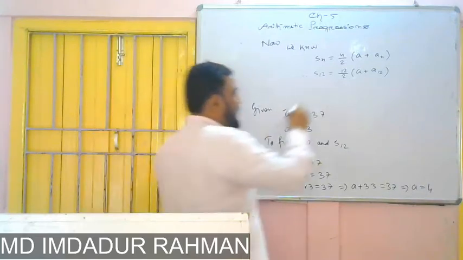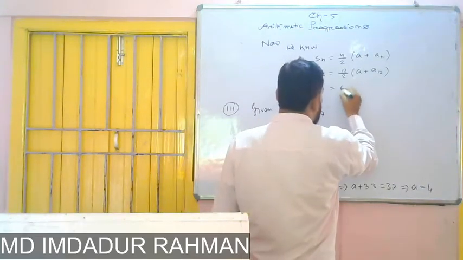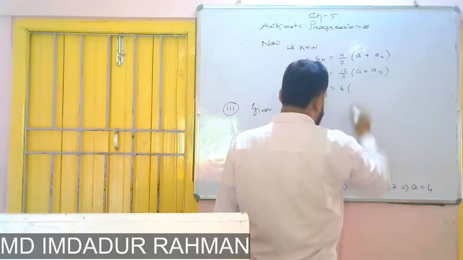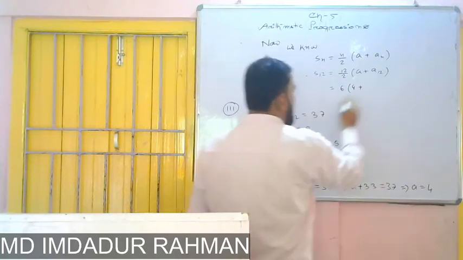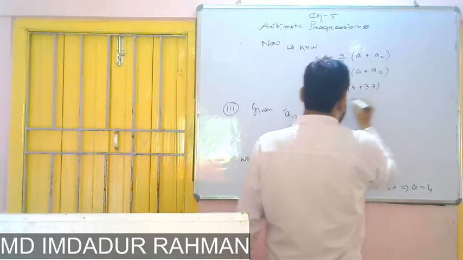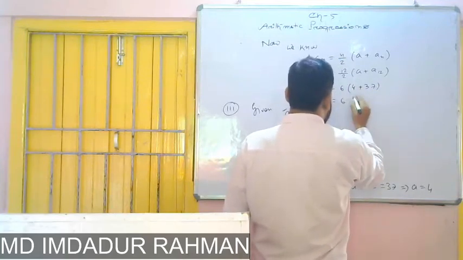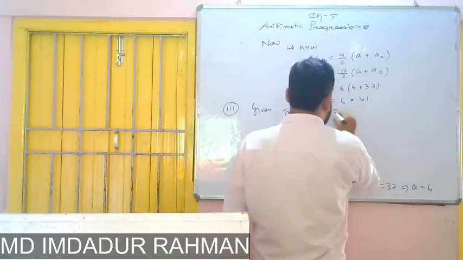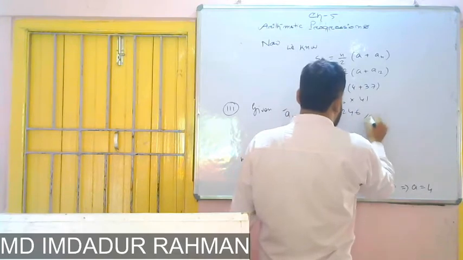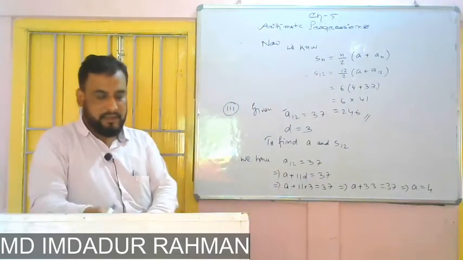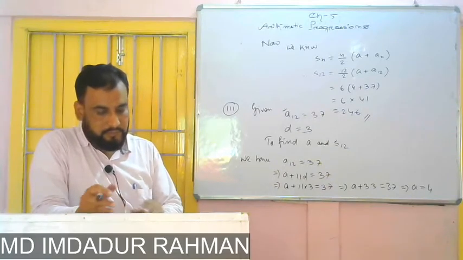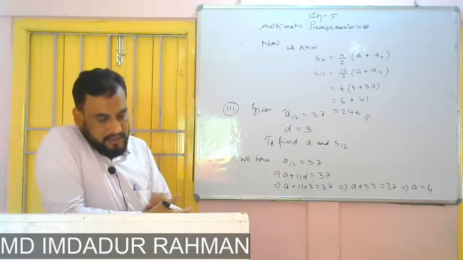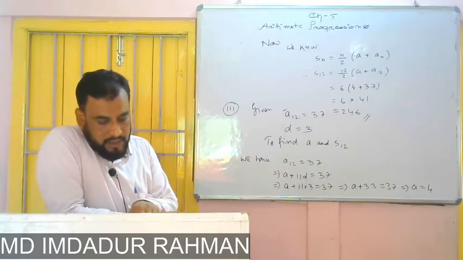So now put the value of A and A12. Value of A we just got is 4 plus A12 is 37. So 6 into 41 is equal to 246. Okay, like this you can do the remaining sums.